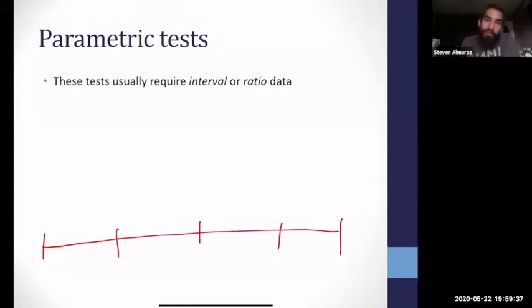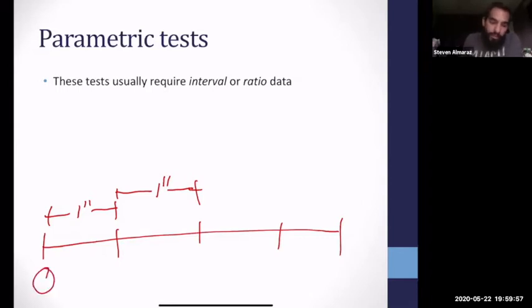So interval data means there's equal intervals between the points, maybe 1 inch, and then between these 2 points, also 1 inch, okay? So there's equal intervals. The only difference between interval and ratio is ratio has a meaningful 0 point, which means none, all right? Whereas interval does not have a meaningful 0 point. That 0 point is kind of arbitrary, all right?